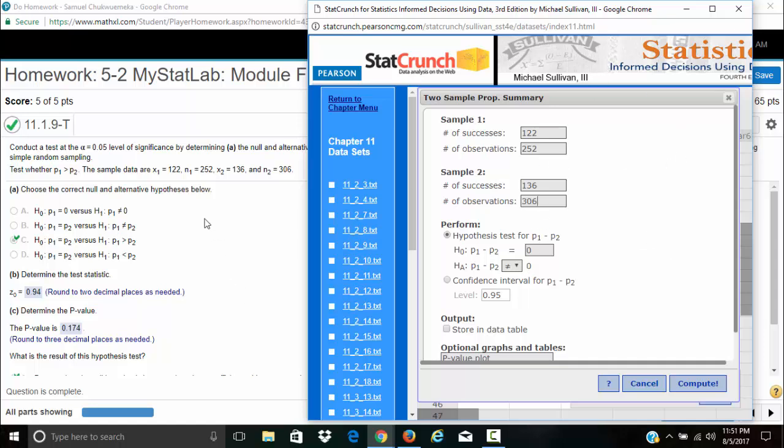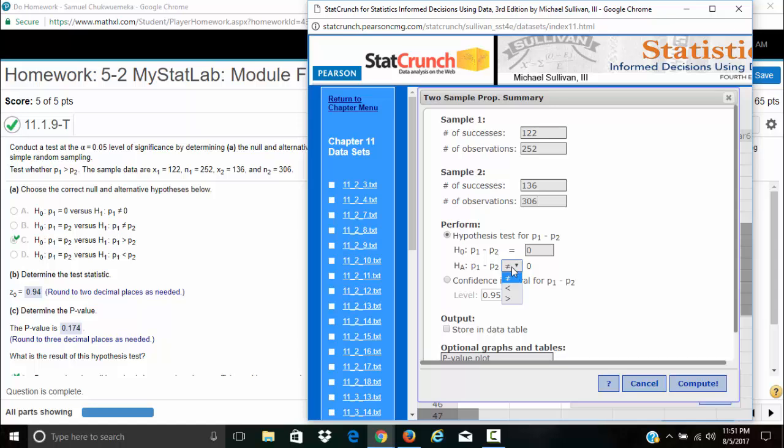And you want to test this. This is right-tailed, so you want to make sure this is hypothesis test for P1 minus P2. Of course, this is the null, P1 equal to P2, and the alternative is not equal to.